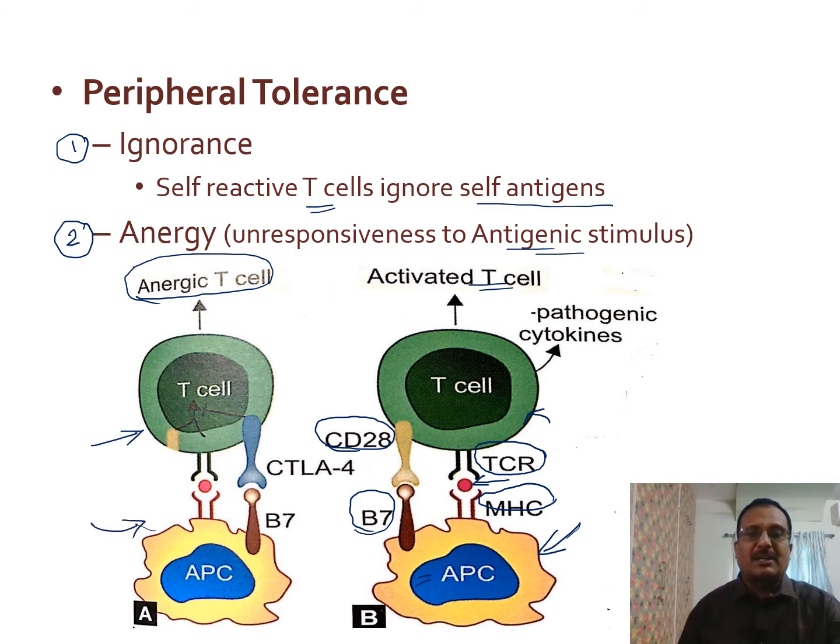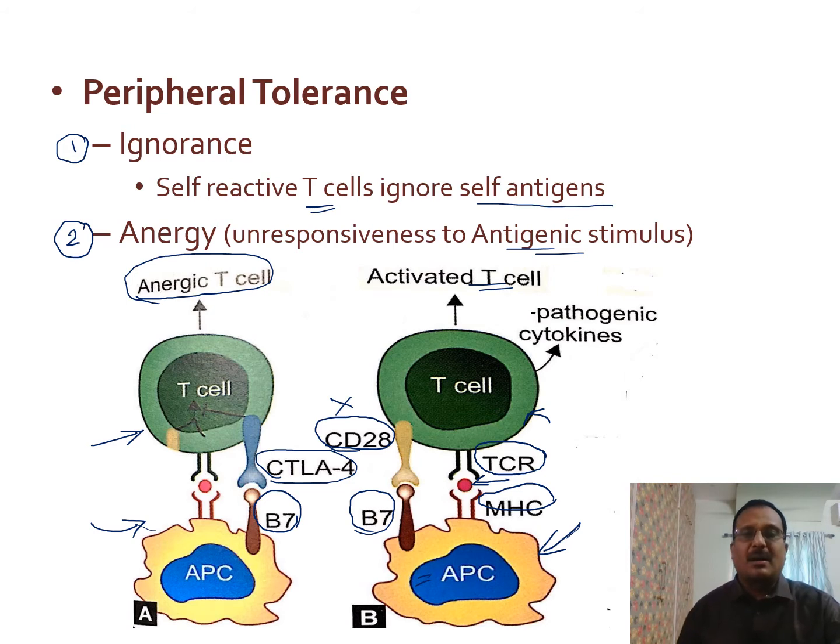The co-stimulatory factor, that is B7 on the antigen presenting cell, will react with the CTLA4 on the T lymphocytes instead of reacting with CD28 on the T cell surface. So this kind of co-stimulatory effect will result in non-responsiveness to the antigenic stimulus, and it won't produce any kind of immunological response.